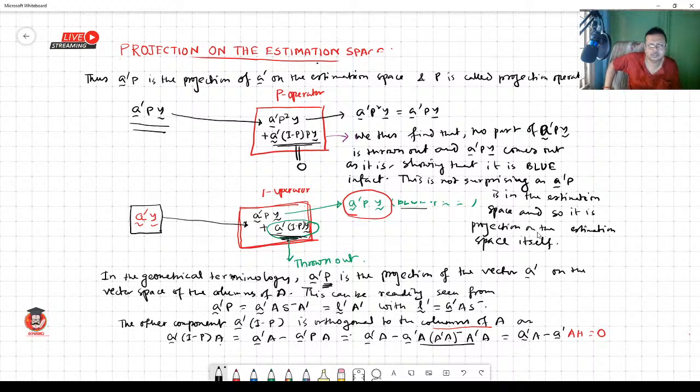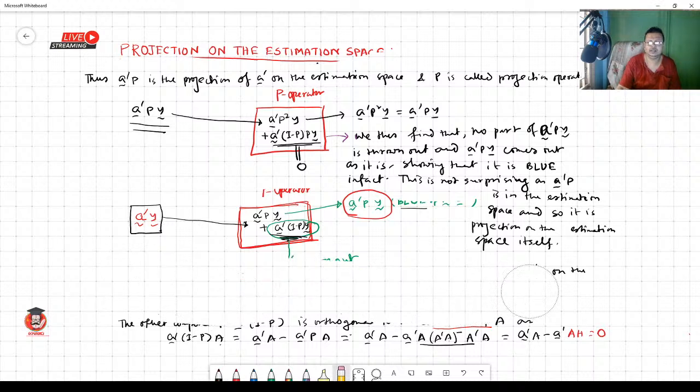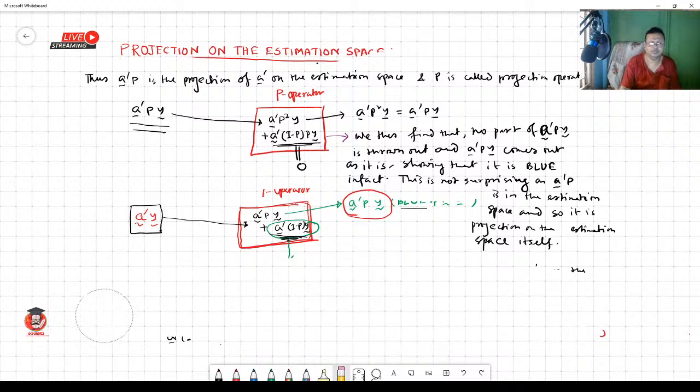So from this discussion we see, so this is the summary of this discussion.